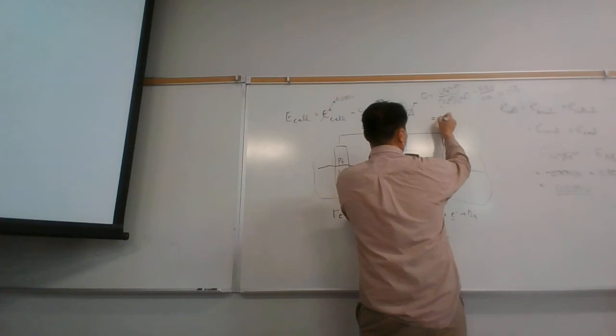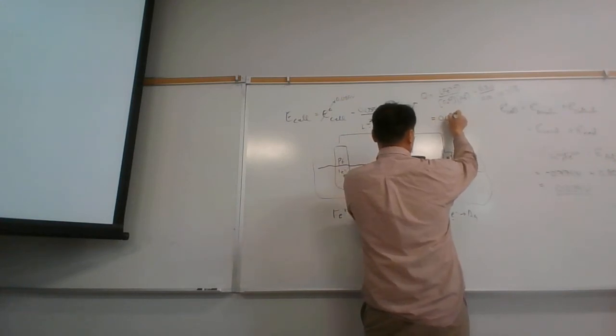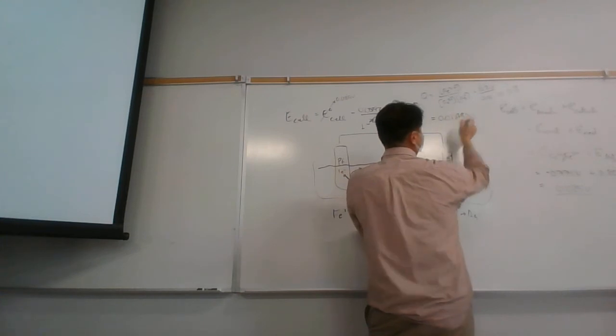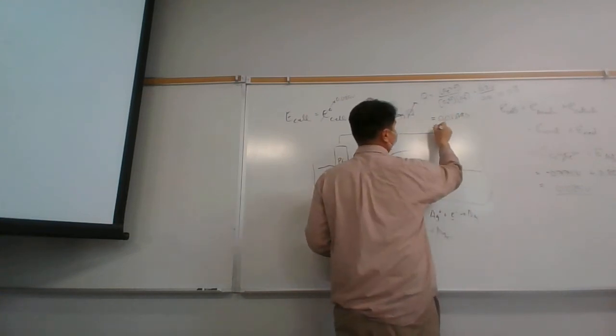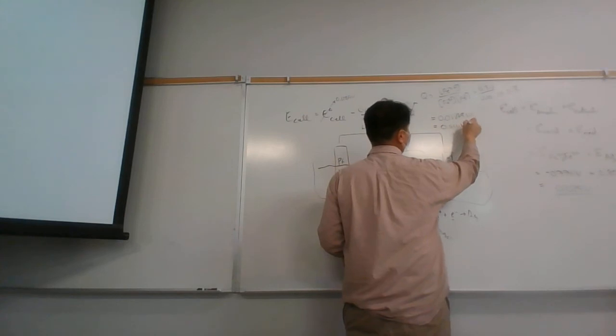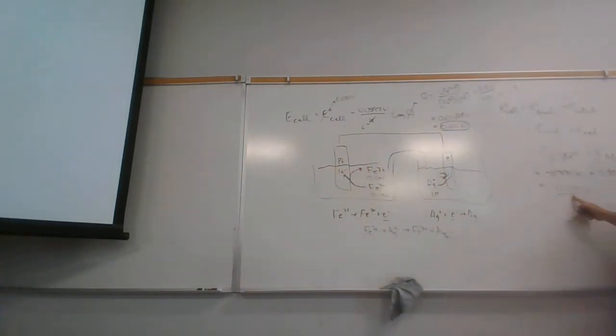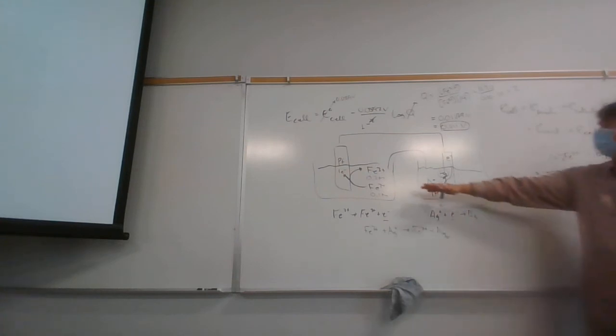And so the voltage has gone down to 0.0179 volts. We'll just call that 0.011 volts. So under standard conditions, we would have 0.029 volts, but now we have more product built up here, so 0.011 volts.